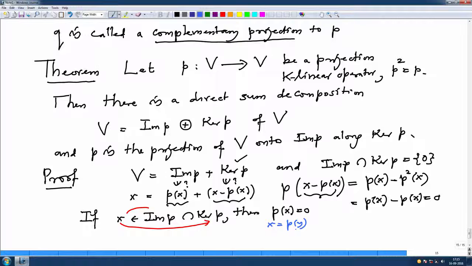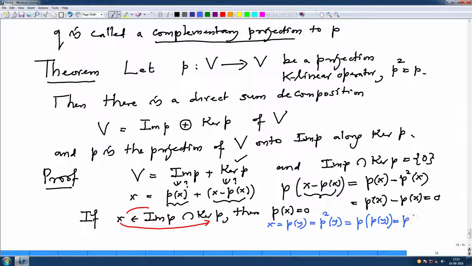But P is P square, so this is P square of y, but P square is P of Py, but Py is x.